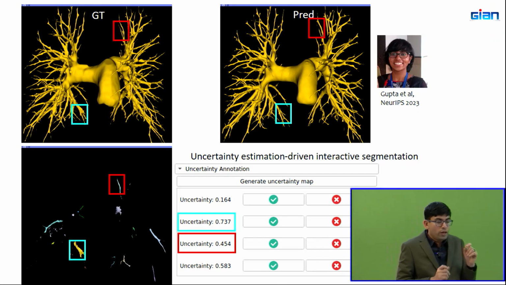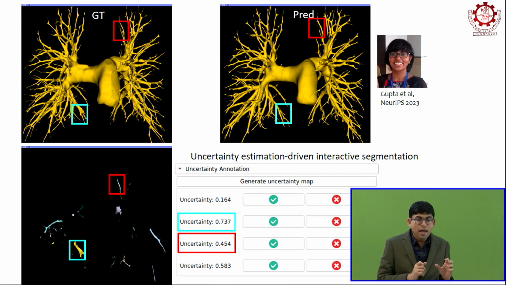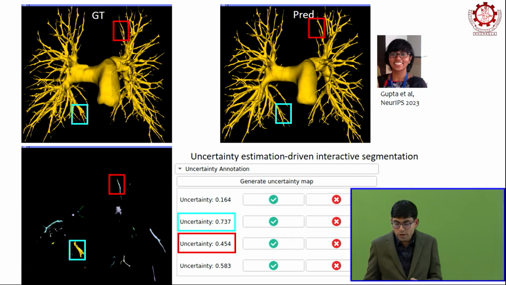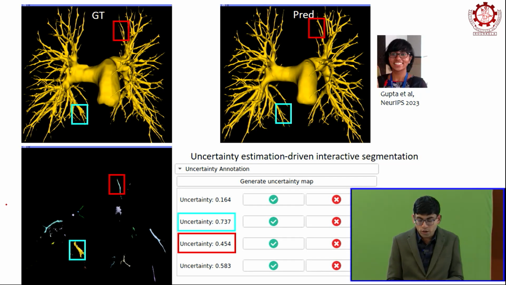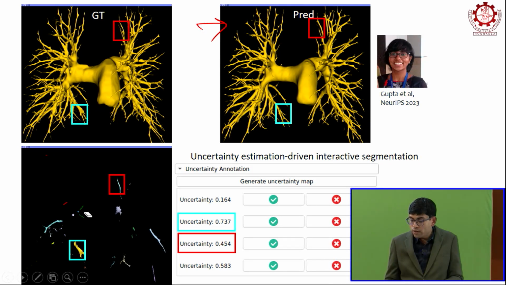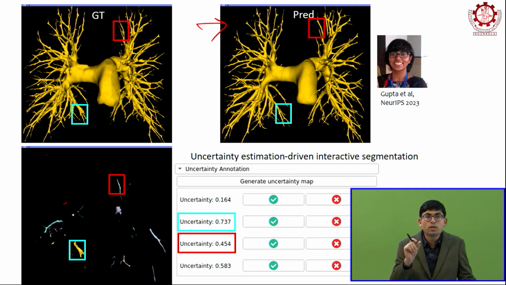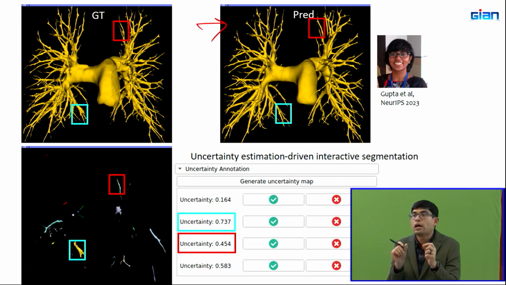Now, we took a slightly different approach, where we computed the uncertainty, and instead of going to the clinician and telling them that our model does not do well on the test case, can you please annotate all the vessels and we will retrain a model, what we did was we only identified the vessels that the model was uncertain about, and asked the clinician, can you please look at these uncertain segments and correct them if you think they are wrong, right?